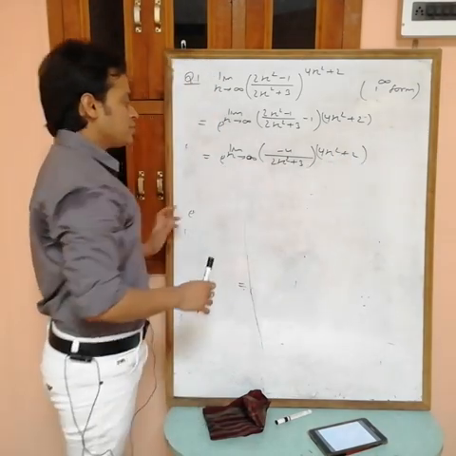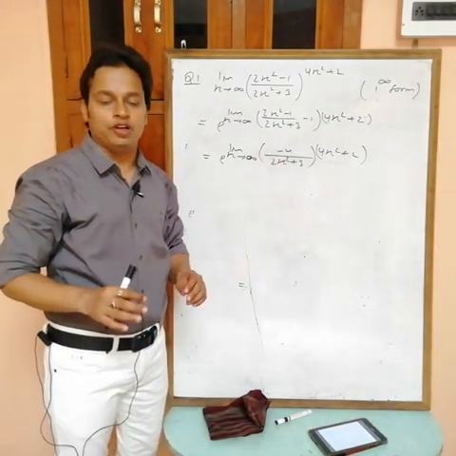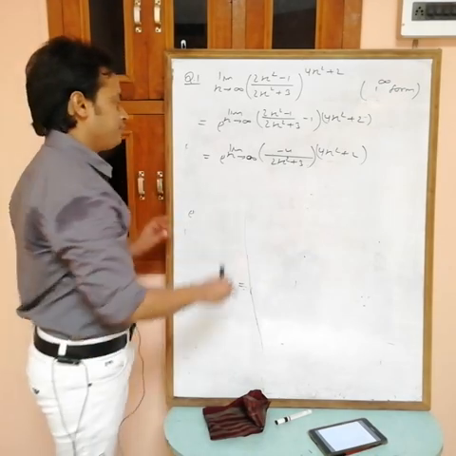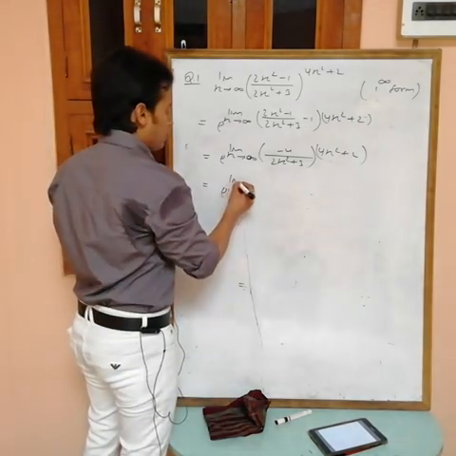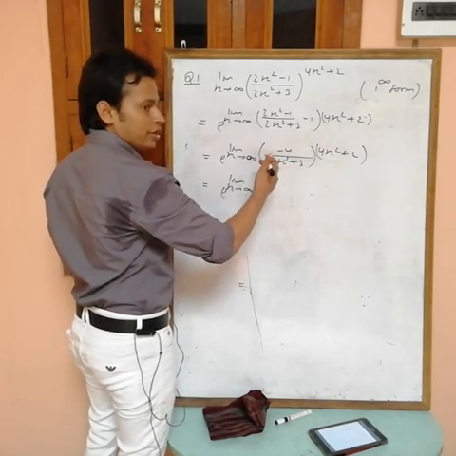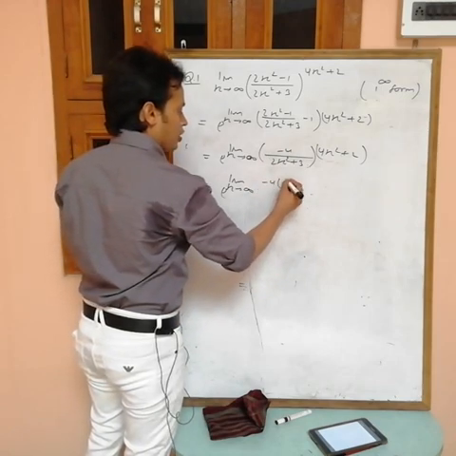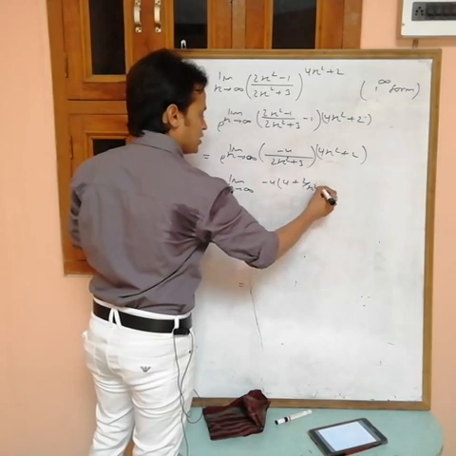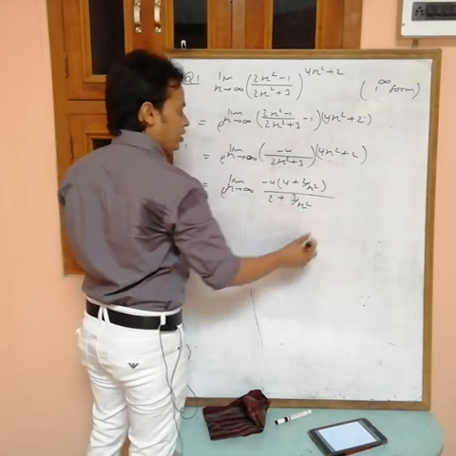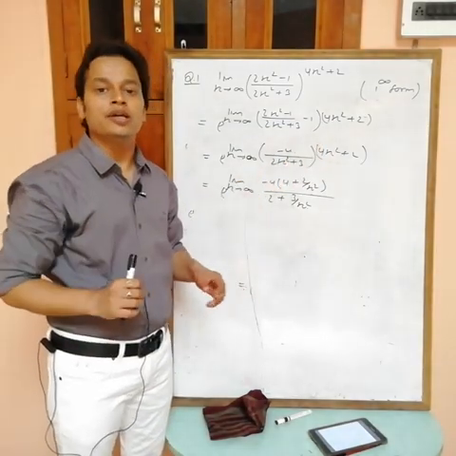Now this is limit x tending to infinity, polynomial by polynomial form. Then what we have to do? We have to take common the highest power of x. So e power limit x tending to infinity, take common x², both x² will be cancelled out, then what you will get? −4 into (4 + 2/x²) in the numerator and (2 + 3/x²) in the denominator.